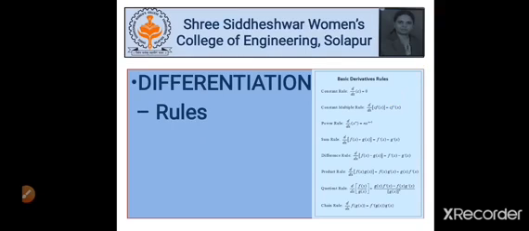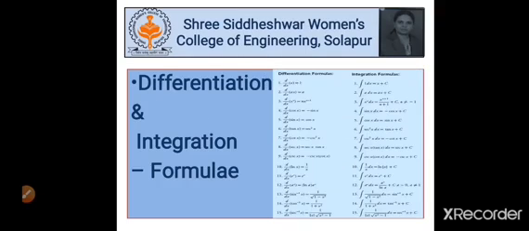And obviously, along with the derivative, you should have the knowledge of integration formulae. How to find the integration of a given function, which methods to use to find the integration of the given functions, you should know it very well. Here in this table, the derivative and integration of the related functions are given.